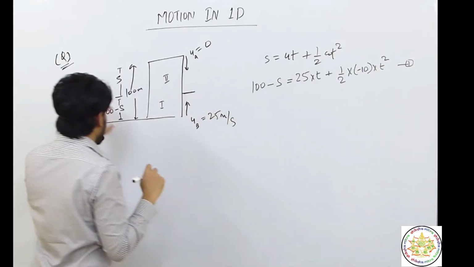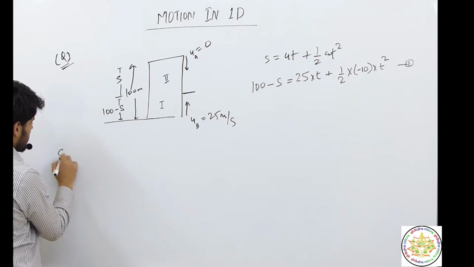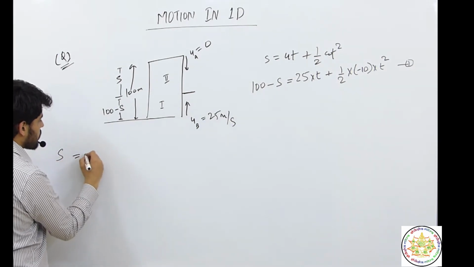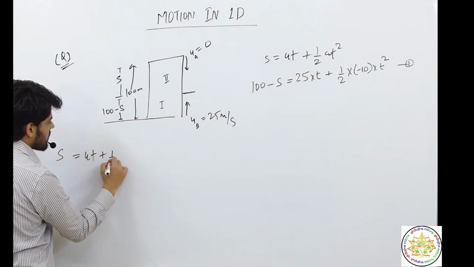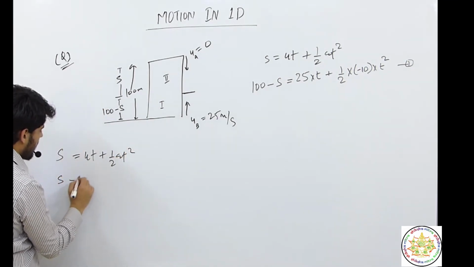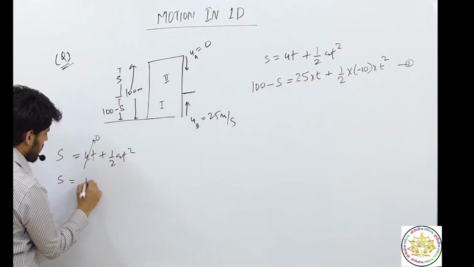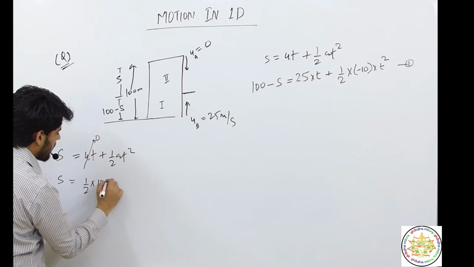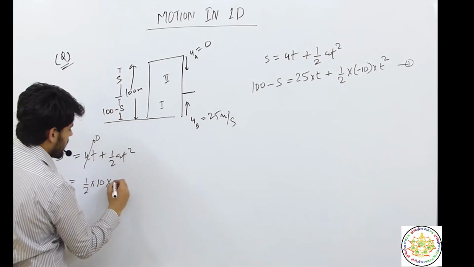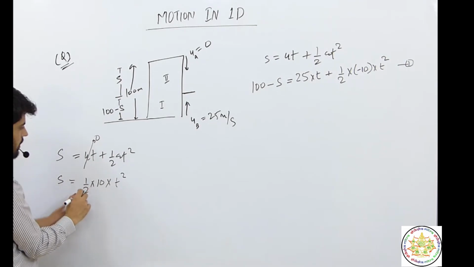Now we will use the equation for the second case, that is s, the distance. s equals ut plus half at square. Here s is the same s, u is 0 because the ball has been dropped, so it's 0. Half into 10 into t square, so the distance is 10 t square by 2.